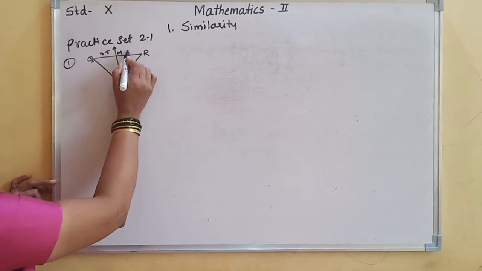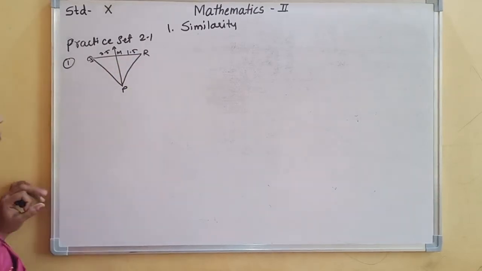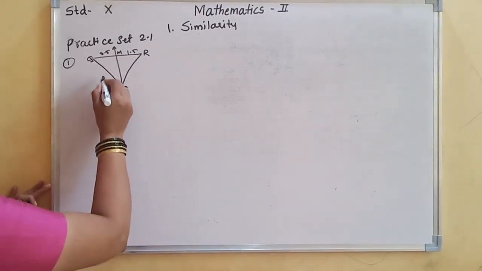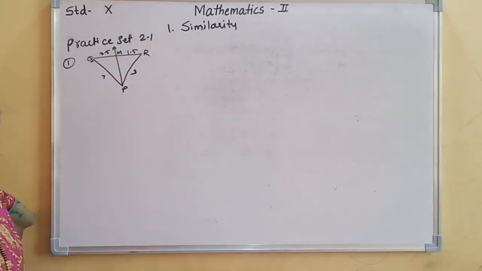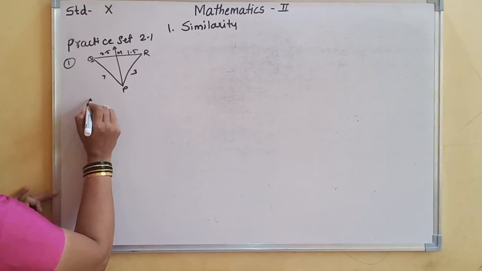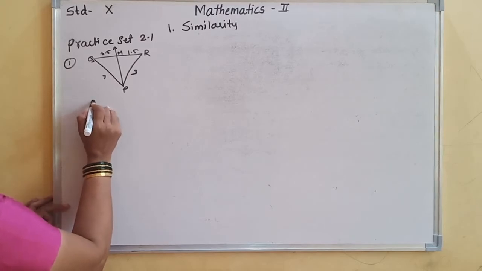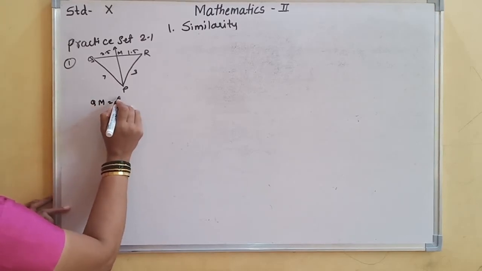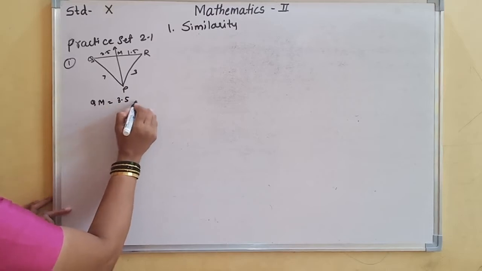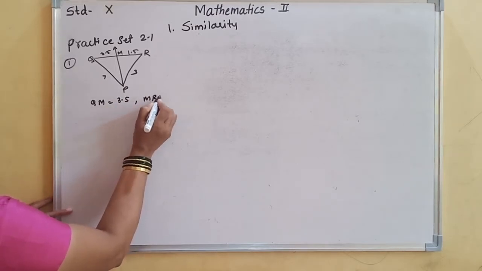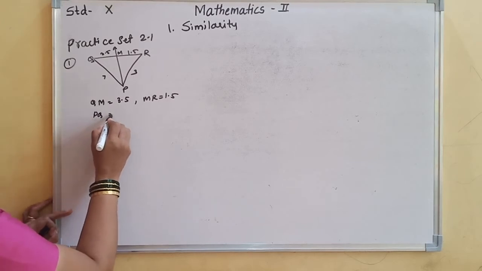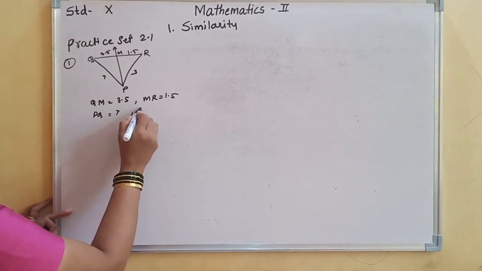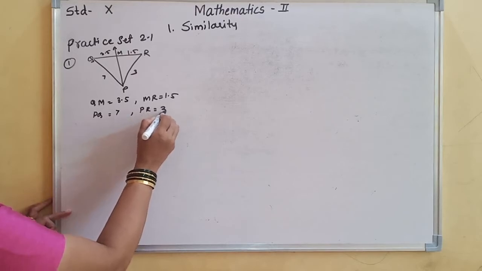This is M. This is 1.5, 7 and 3. Okay, so what are the given things here? QM is equal to 3.5 and MR is equal to 1.5. PQ is equal to 7 and PR is equal to 3.